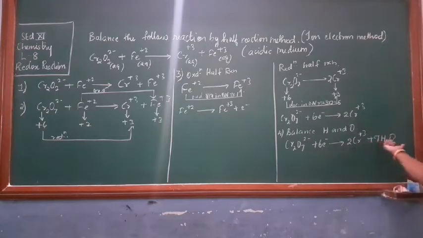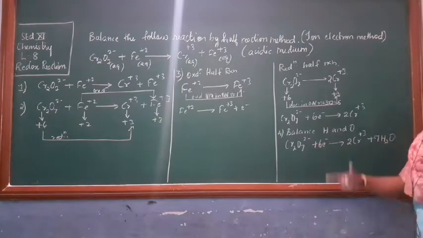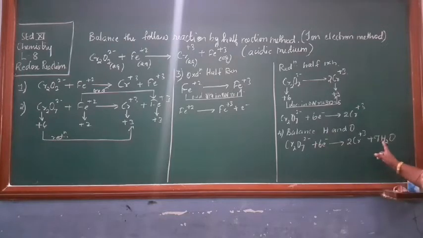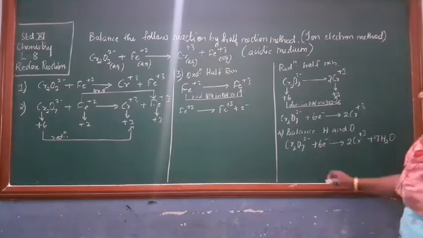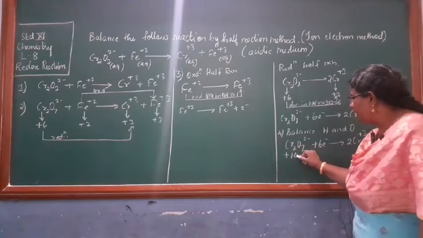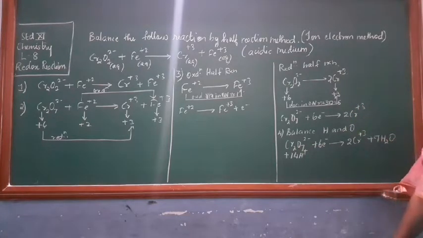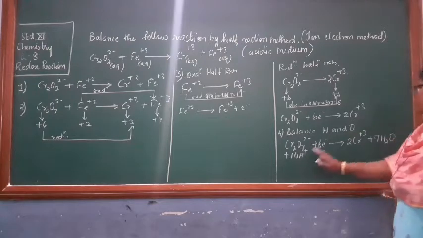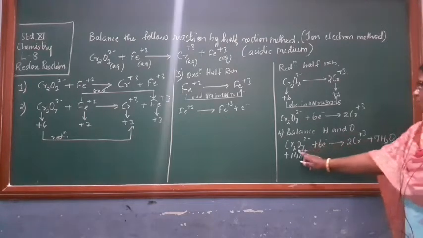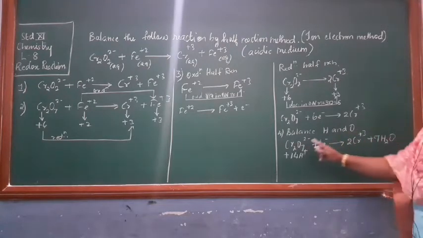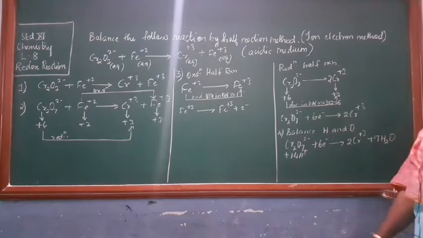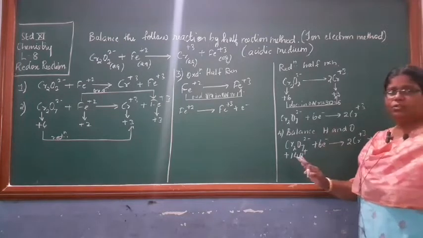So I get 7 oxygen on the right hand side. How many hydrogens do you have now on the right hand side? Because the left hand side doesn't have any hydrogen. So 7 into 2, 14 hydrogens. That means I should add 14 H plus ions here. Isn't it? So hydrogen 14, hydrogen 14, oxygen 7, chromium 2, 2 chromium. So we have balanced H and O atoms.